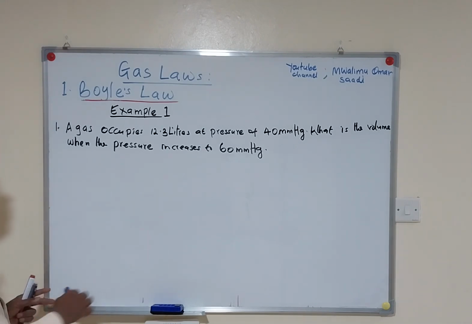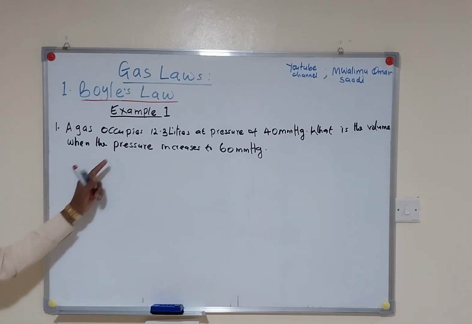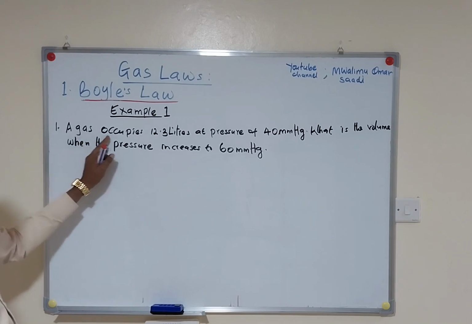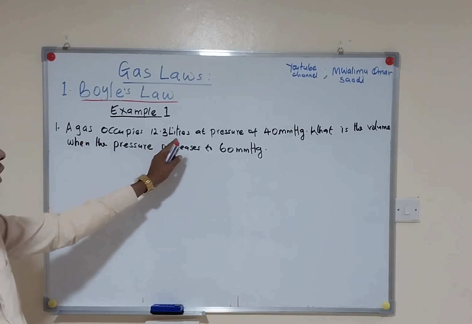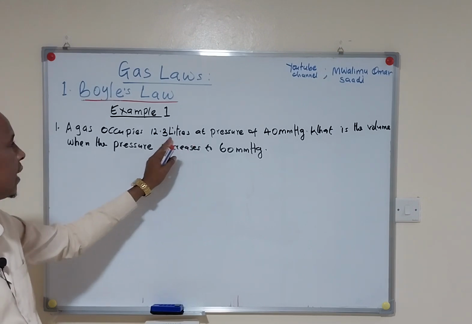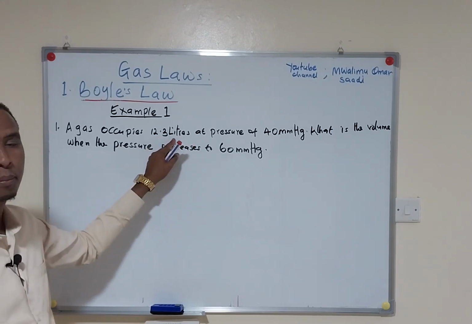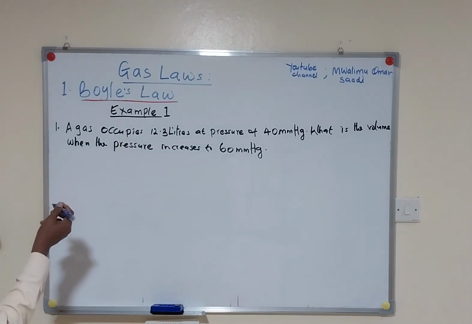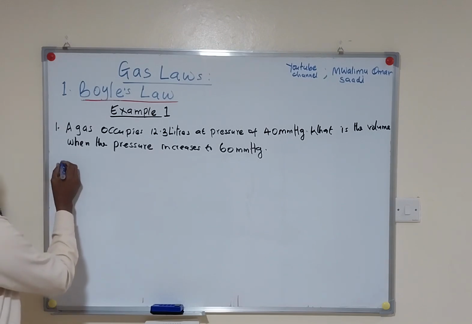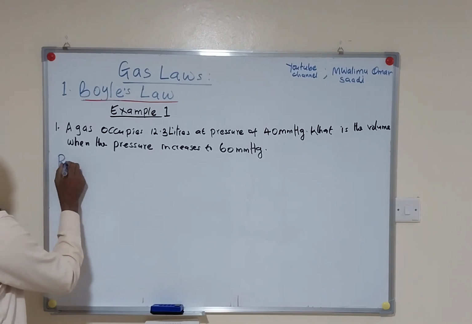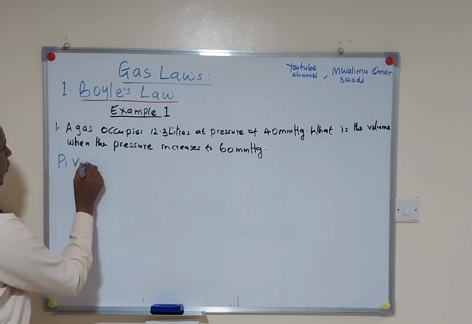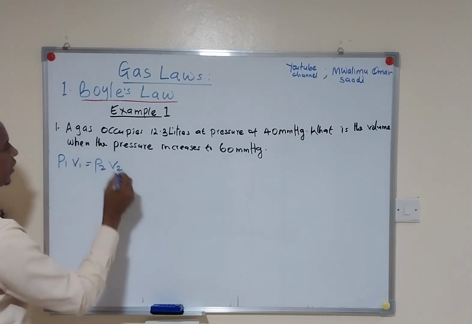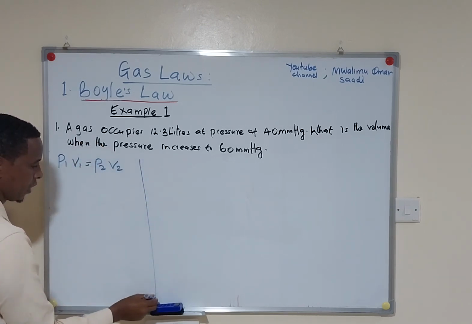In this question, we are given our first volume. So this 12.3 liters becomes V1. So Boyle's law, first of all, the equation is P1 V1 is equal to P2 V2.